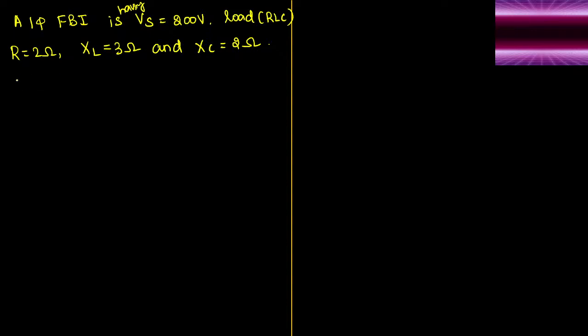Now what they have given is that the output voltage is controlled by the pulse width modulation technique. The output voltage V0 is controlled by PWM, and they told that the pulse width is 120 degree.